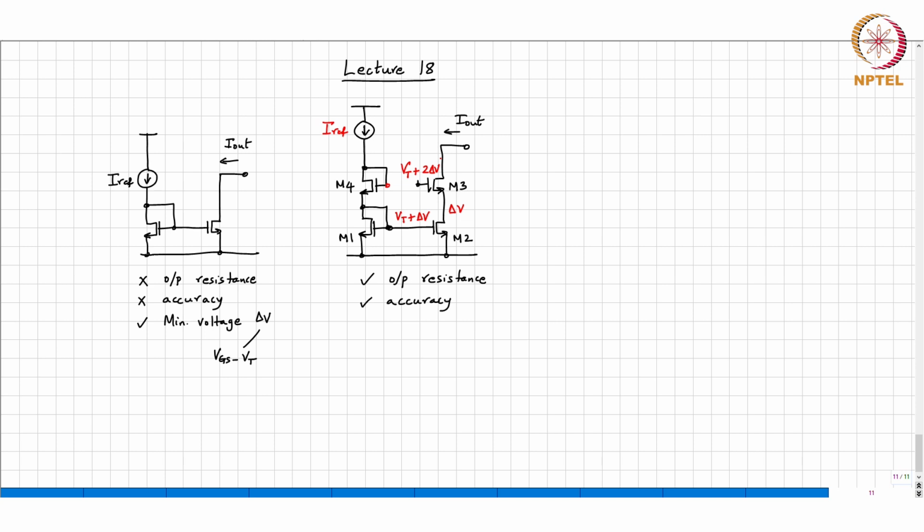How did you get that? So the difference in drain currents is basically difference in drain voltage divided by R naught. So what is so difficult about that? We did this in the last class.